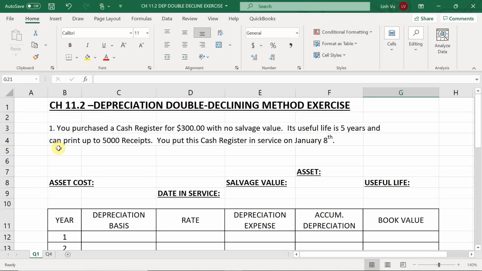Question number 1 says that you purchased a cash register for $300, with no salvage value. Its useful life is 5 years, and it can print up to 5,000 receipts. And then, of course, you put this cash register in service as of January 8th.